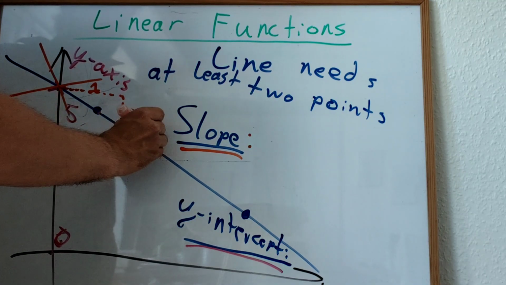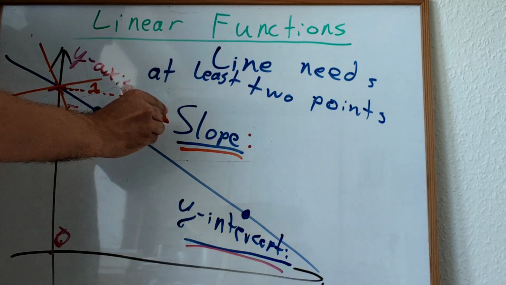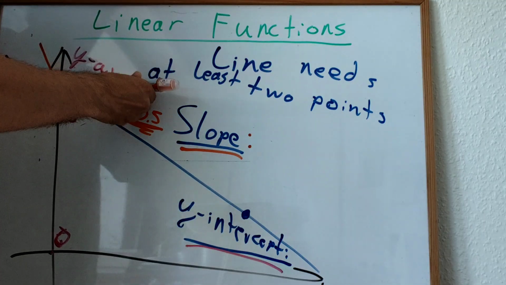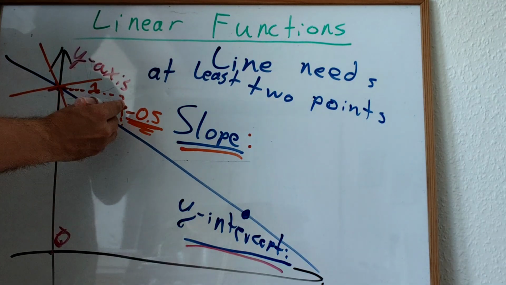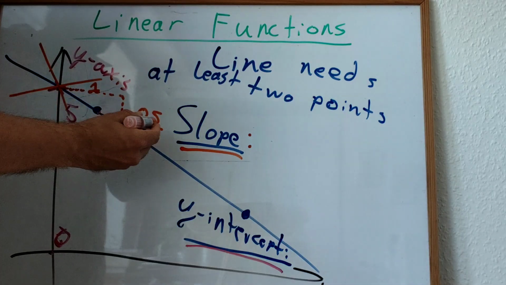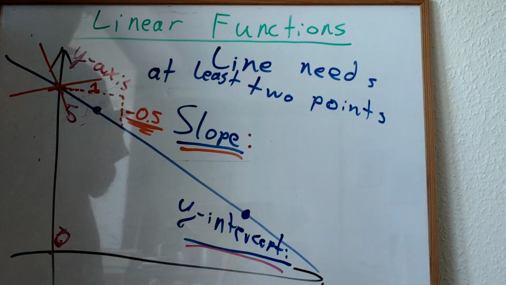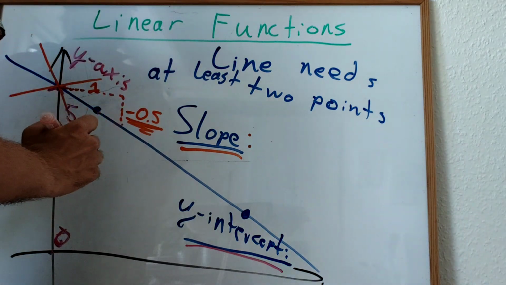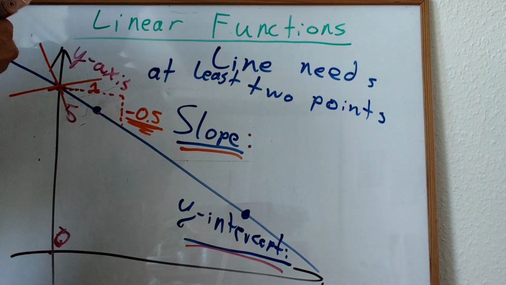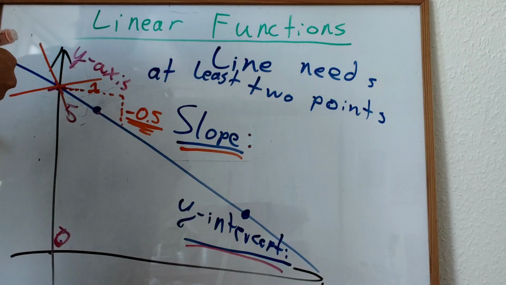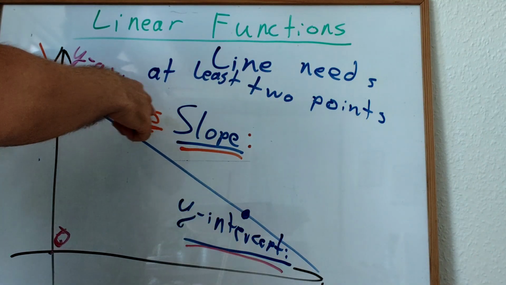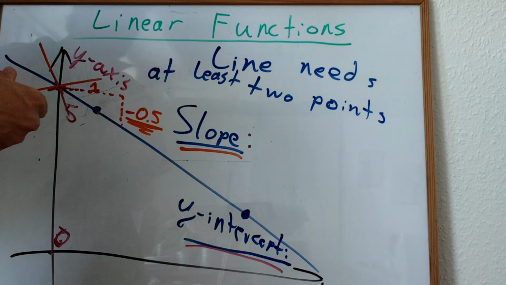Therefore, I would say that this number here, minus 0.5, because I have had to move down a half, hence the minus, a half, hence the 1/2, I would say here that my slope for this blue line is probably minus a half. So from that, I can say that for this specific example, I have a y-intercept 5 and a slope of minus 0.5.